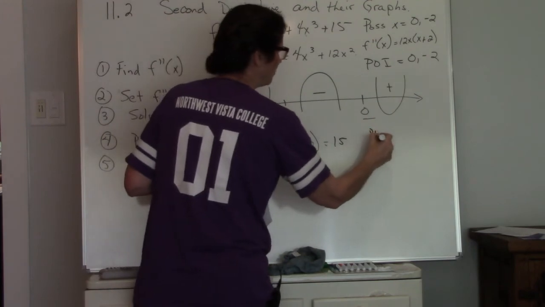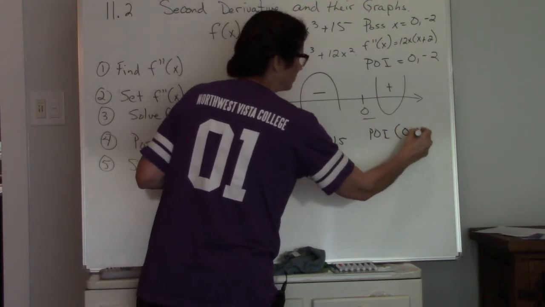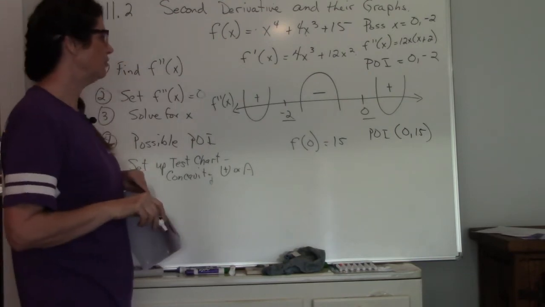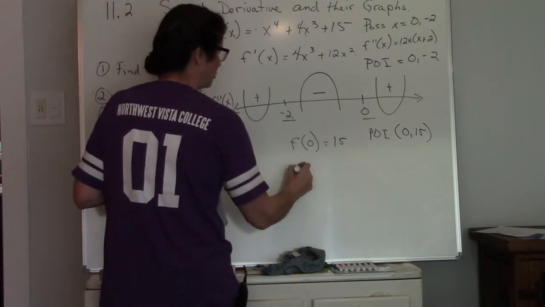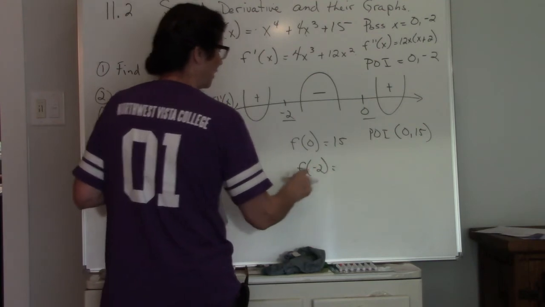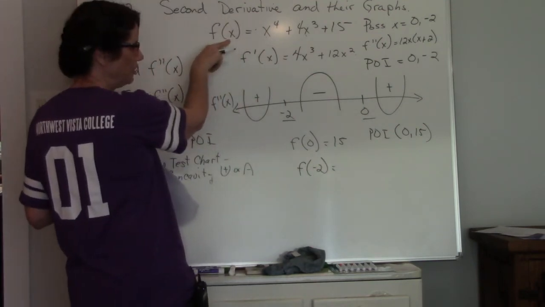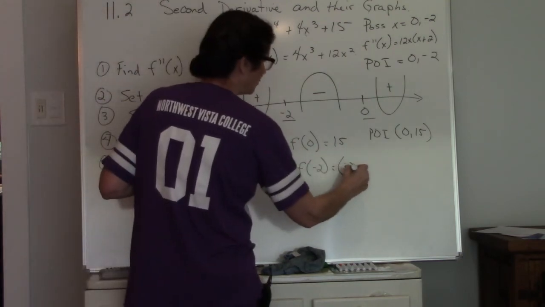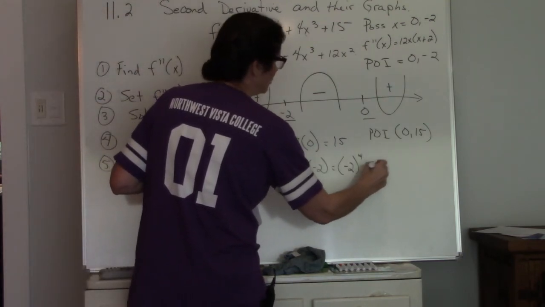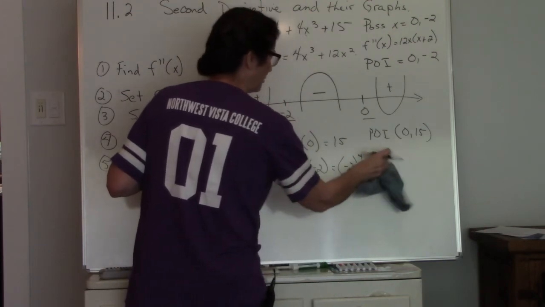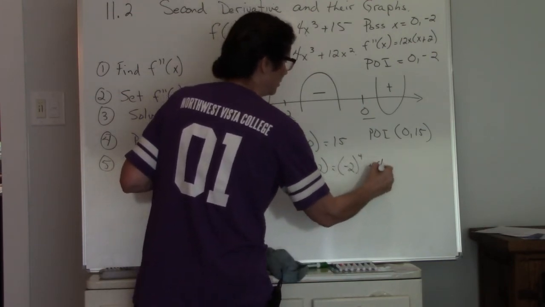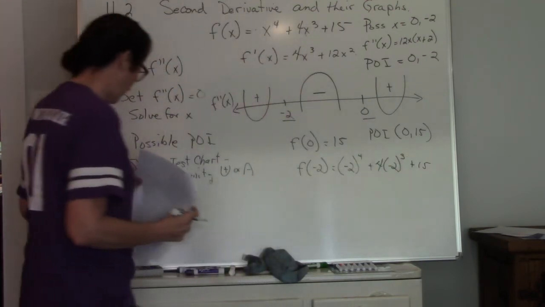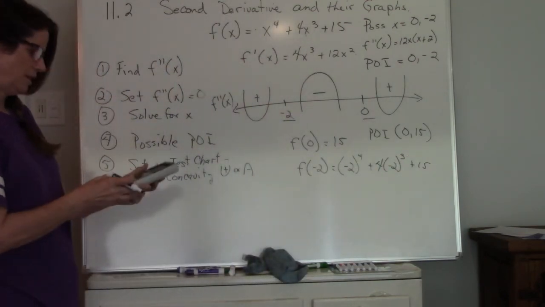So my first point of inflection, where it changes the curve, is at (0, 15). And now I'm going to do the same thing, plugging it back into the original function at -2. So this one I'm going to have to use my calculator and make sure I write the right numbers. Okay, so -2 to the 4th power is 16.